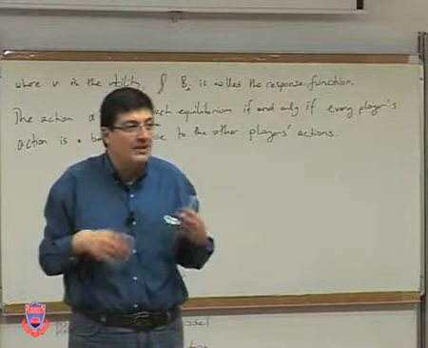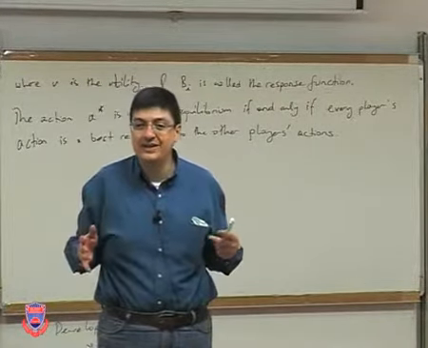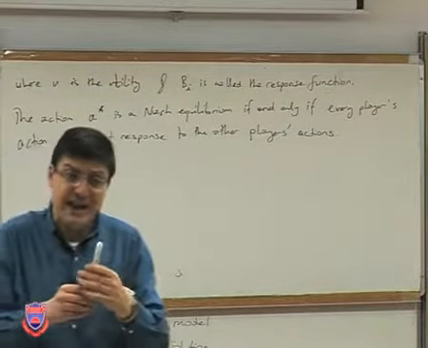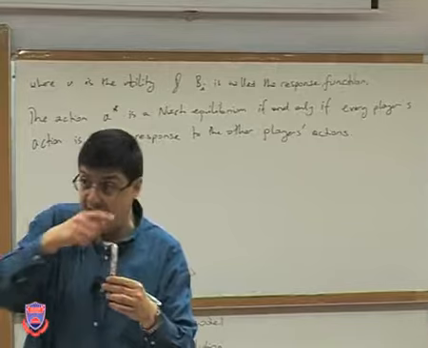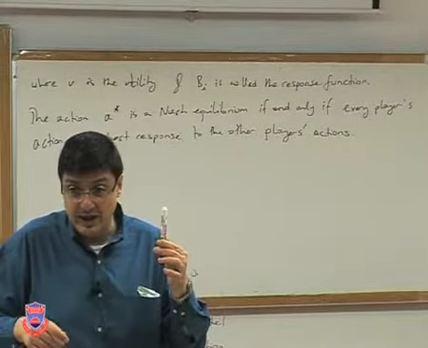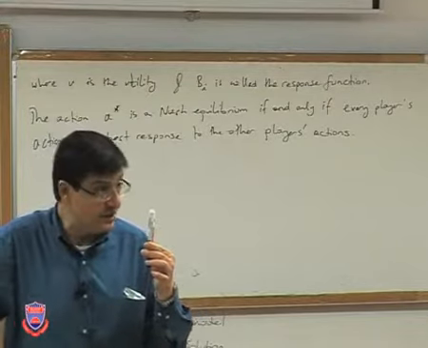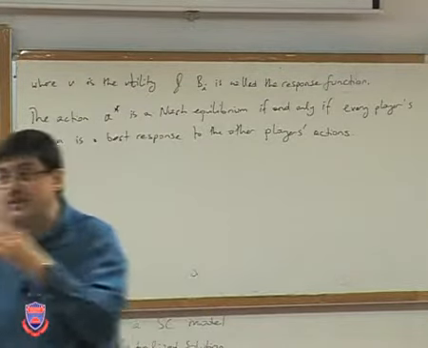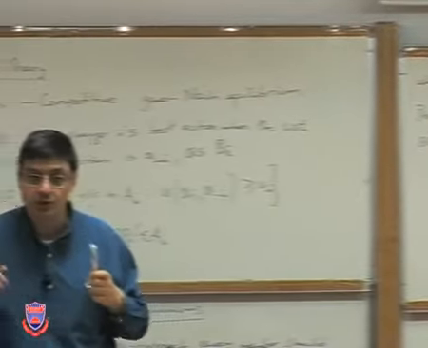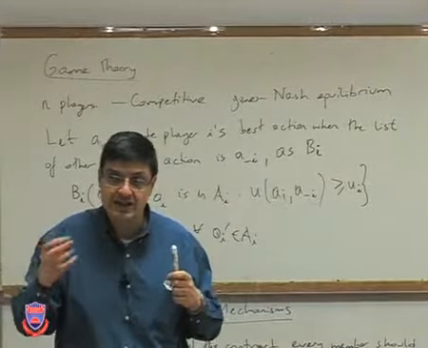In other words, when do we have everybody satisfied? If I am satisfied, it means that I have selected the best possible action given the other actions. And if everybody is in the same situation, nobody is going to want to move out. So this is actually the notion of equilibrium.